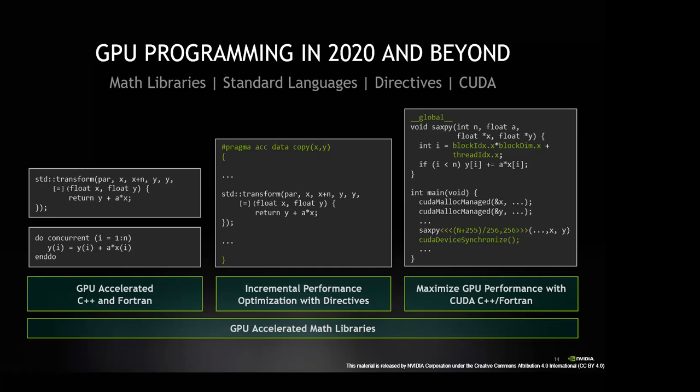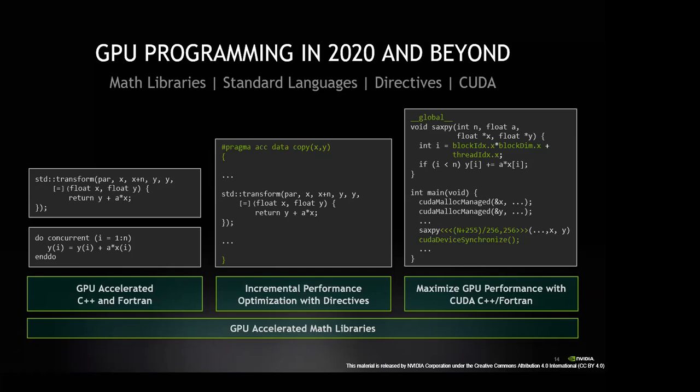Recently, with C++17, the new features will allow you to run applications easily and efficiently on the GPU, simply using the language features, and so you will have code which is compatible.